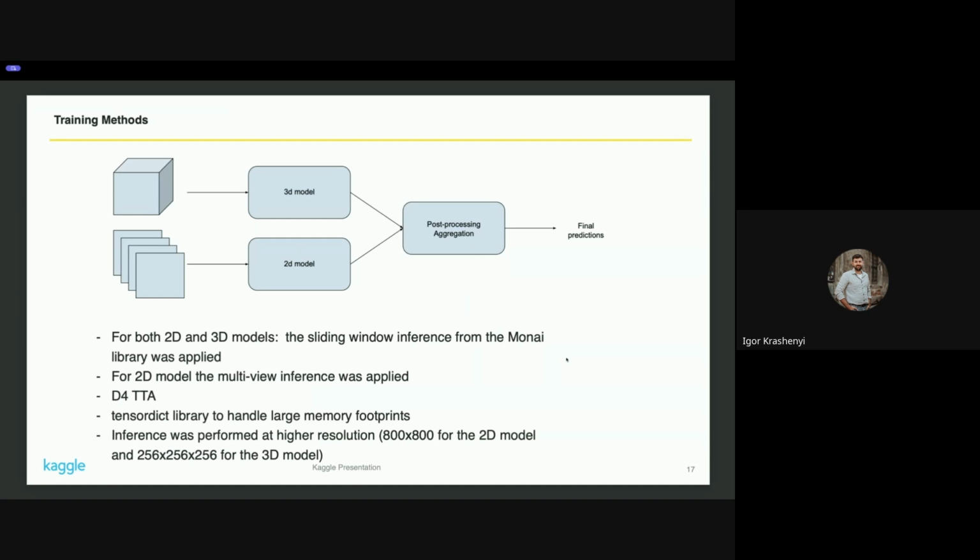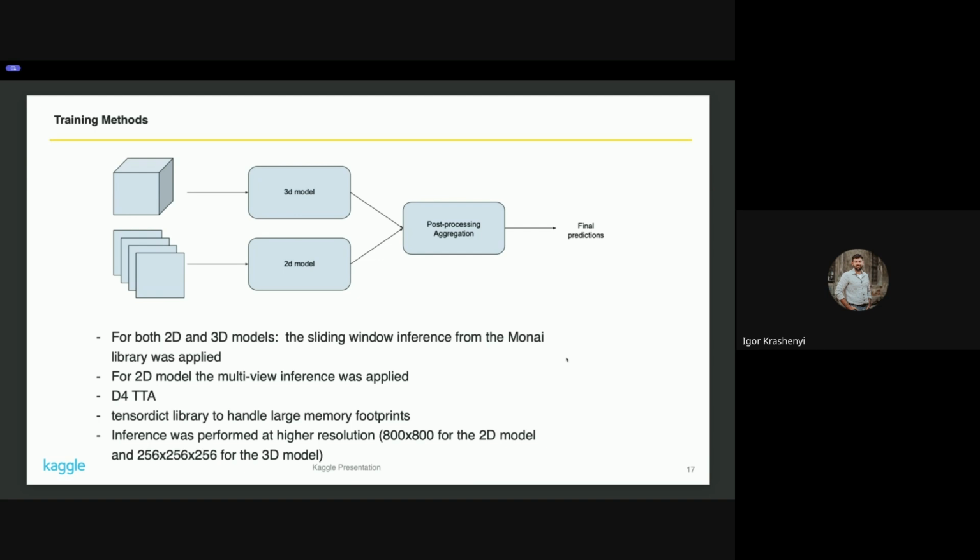To fit into the memory and never run out of memory, I used the TensorDict library to handle large memory footprints for the 3D data.